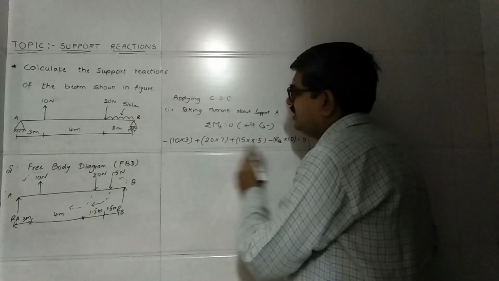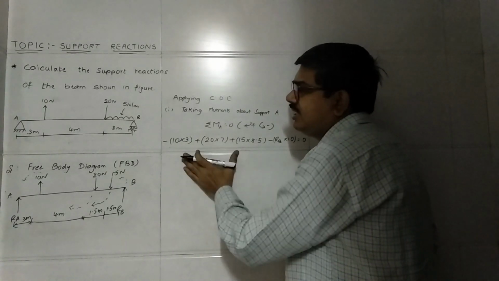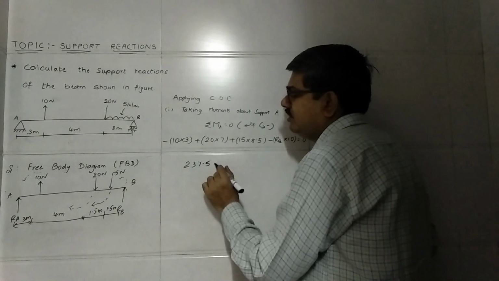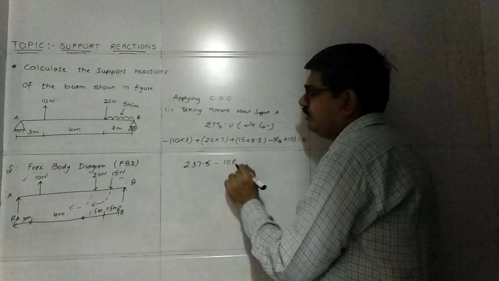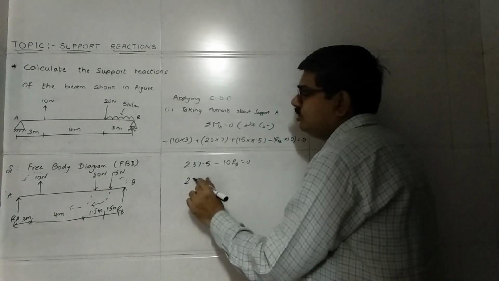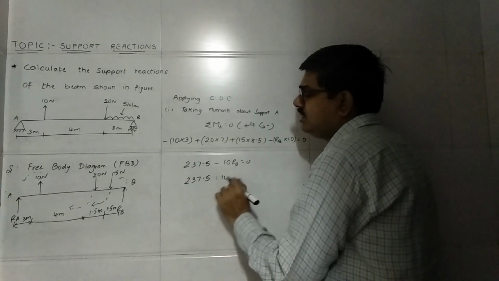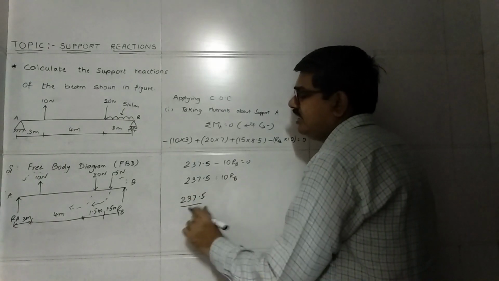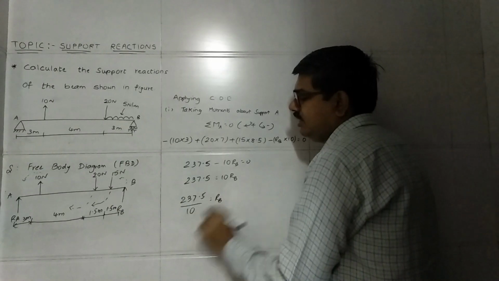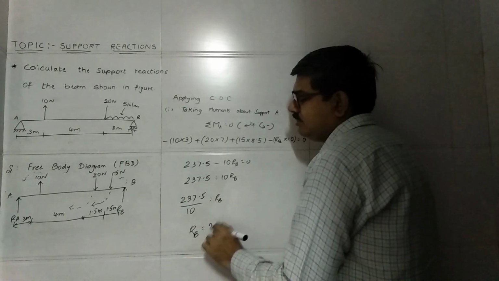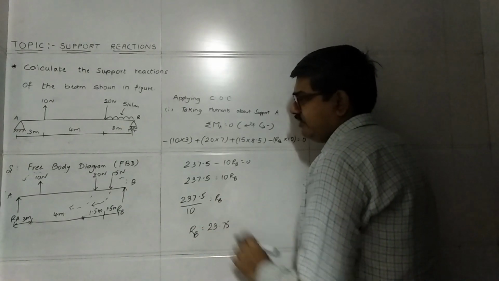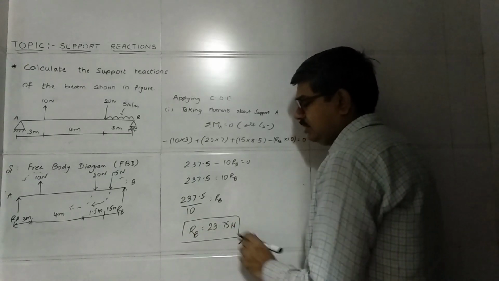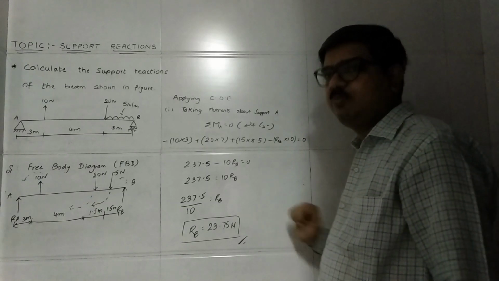Now when you solve this in the calculator, you will get 237.5 minus 10 RB is equal to 0. 237.5 is equal to 10 RB. So 237.5 divided by 10 is equal to RB, and RB is equal to 23.75 newtons. This is the value of the reaction at B.